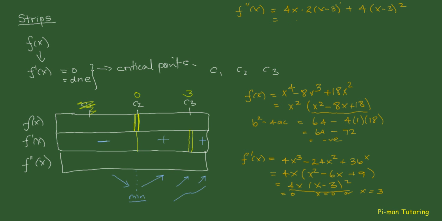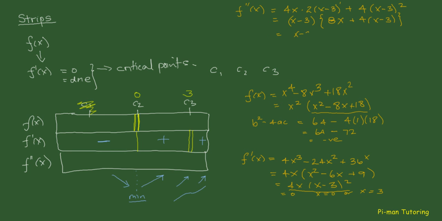Well, clearly we have a common factor of x minus 3, so let's pull that out, and we're left with 8x plus 4 lots of x minus 3.